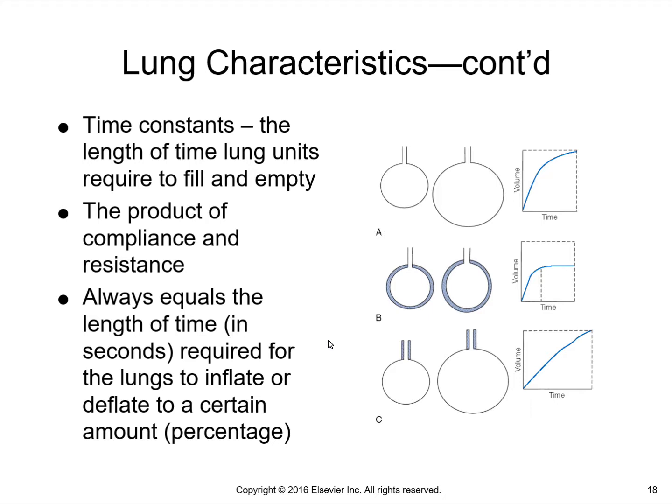Based on our graphics here, graphic A is a pretty normal standard curve. This middle one is showing a decrease in static compliance. If it's harder to stretch the alveoli, or the lung units as they call it, you will notice a decrease in volume.